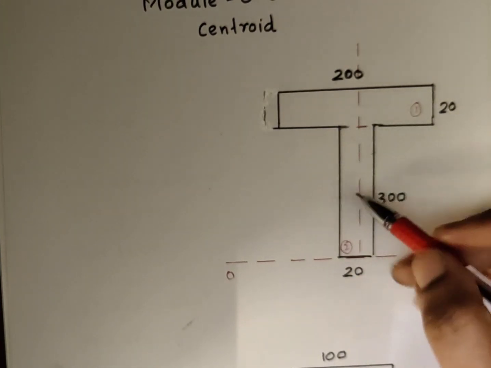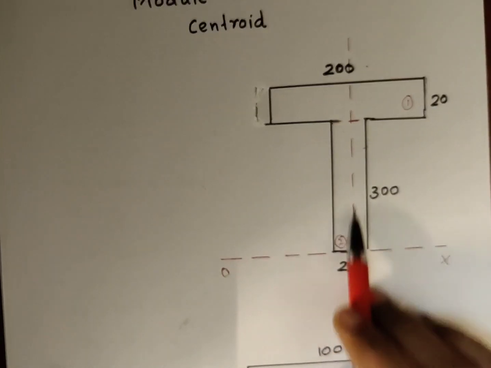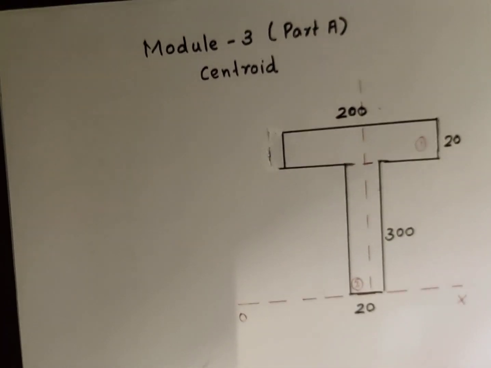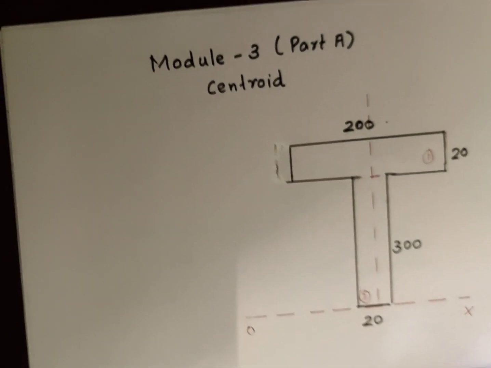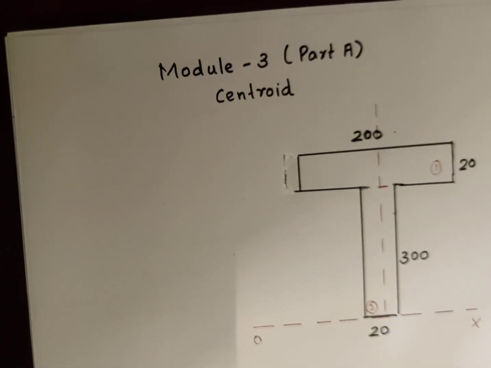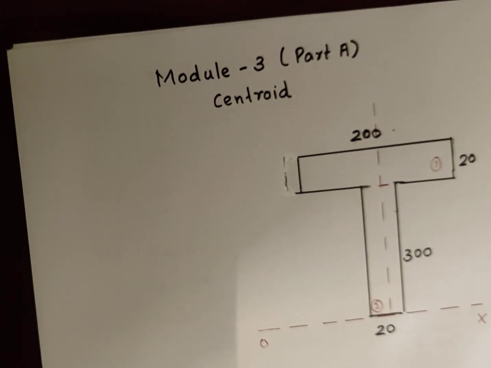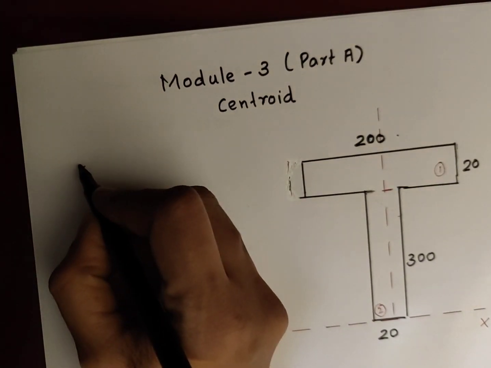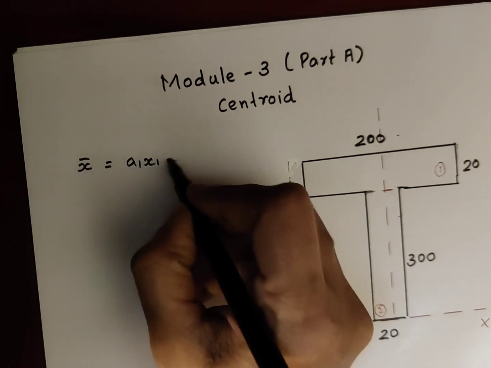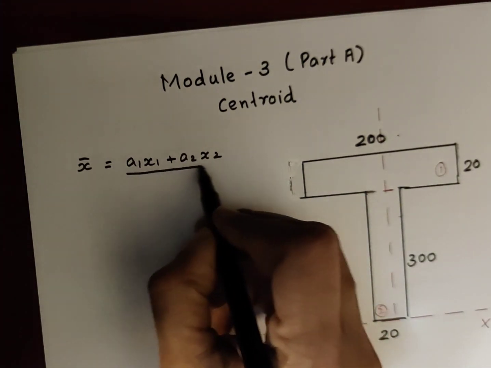So simple figures are also symmetric. Then the composite section is also symmetric about the y axis. So there is no need to calculate x coordinate, but you have to write the answer for the x coordinate, otherwise you won't get a mark. So here we can write the equation for x coordinate, that is equal to a1x1 plus a2x2. You are having two simple figures, so this is the equation.